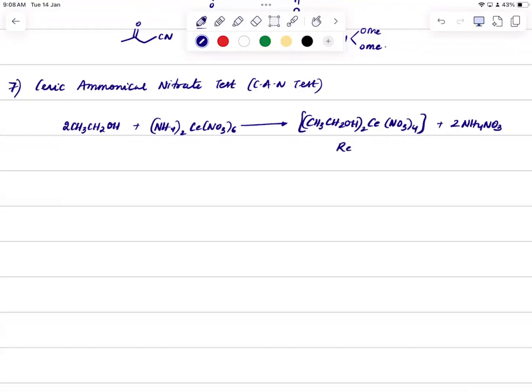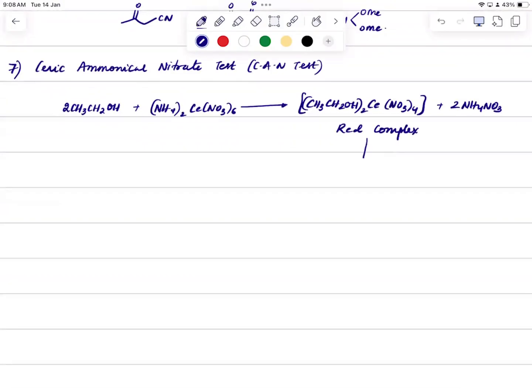This will become a red color complex first. Now this is important: if it turns colorless after some time, that means it is 1 degree or 2 degree. If it remains colored, it is 3 degree.